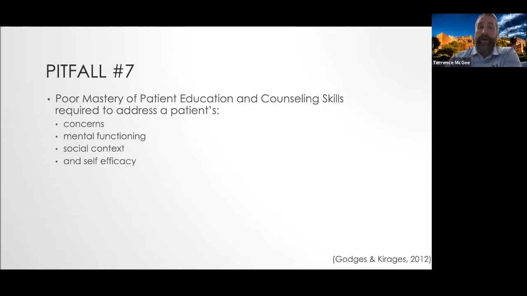And then, and this is a big part of it, is poor mastery of patient education and counseling skills. And that's where we have those patients with the maladaptive behaviors, where our pain neuroscience education comes into play, and knowing when and which patients to provide that type of education to is profoundly important.